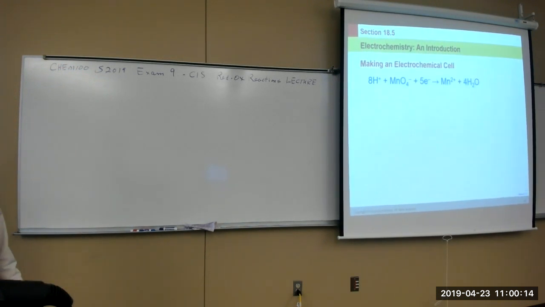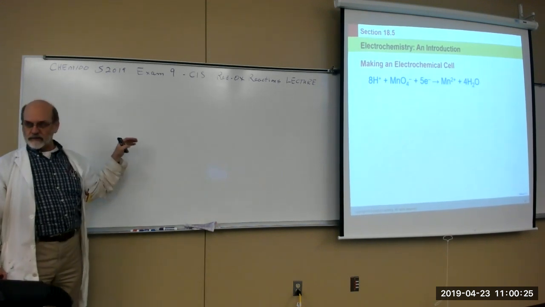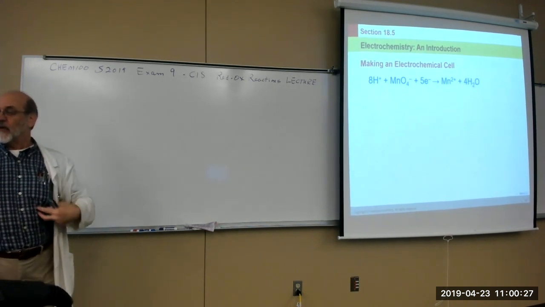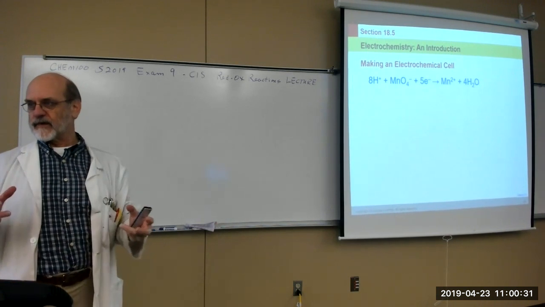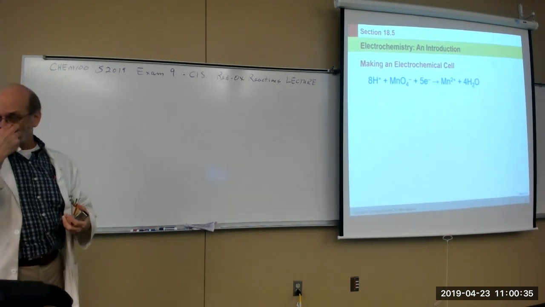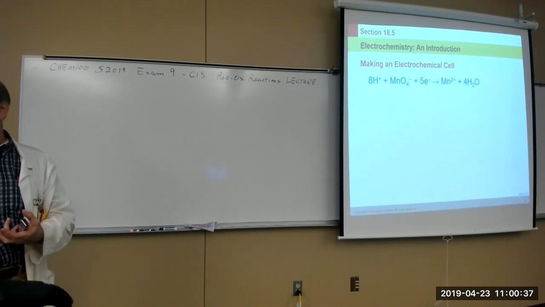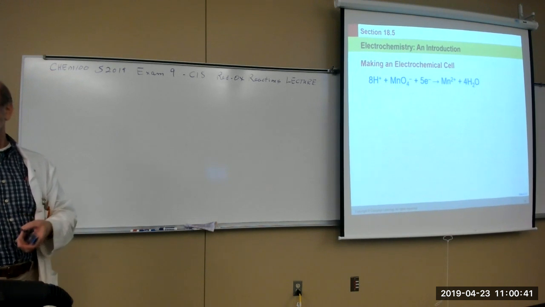The electrochemical cell, or the galvanic cell, is a combination of 2 half cells. We've already split our reaction into half cells in order to balance it. Now we're going to take each one of those half cells and physically separate them. And then we will connect them through a wire, and that gives us access to the electrons as they move from one to the other.